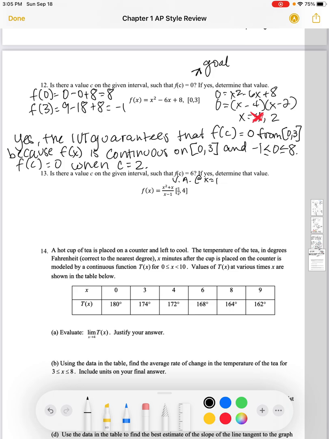So the first thing I'm going to do is plug in 5/2 into the function. So 5/2 squared would be 25/4 plus 5/2, which I'm just going to make 10/4 right away because that way I have common denominators. And I'm going to divide that by 5/2 minus 1, which I'm going to make, again, common denominators right away, 2 over 2.